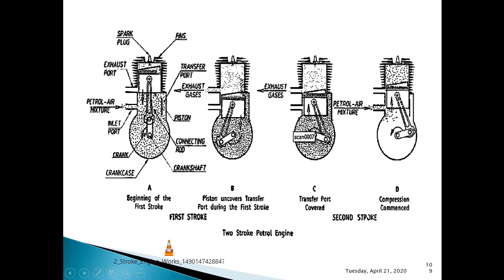You can see in the second diagram, during its downward movement it uncovers the exhaust port and the transfer port, whereas it covers the inlet port. In the upward stroke, it covers the transfer port and the exhaust port, whereas it uncovers the inlet port. So this is a simple way to remember the two-stroke petrol engine.